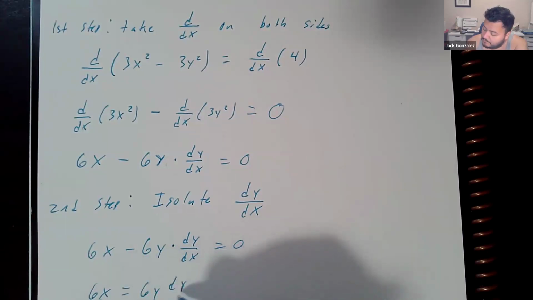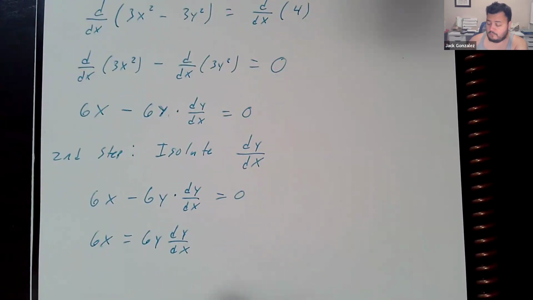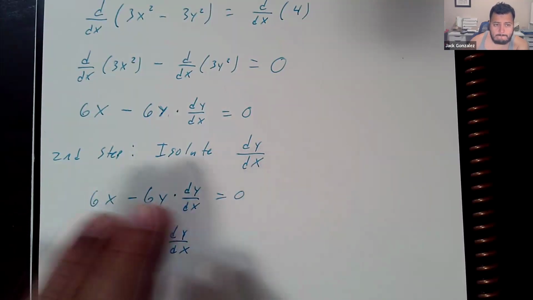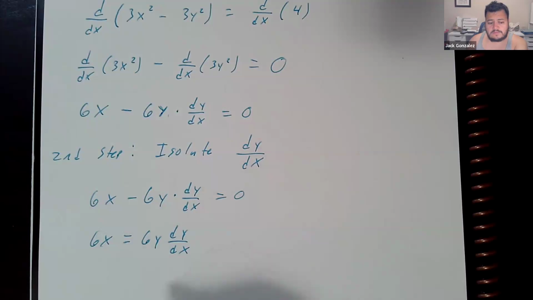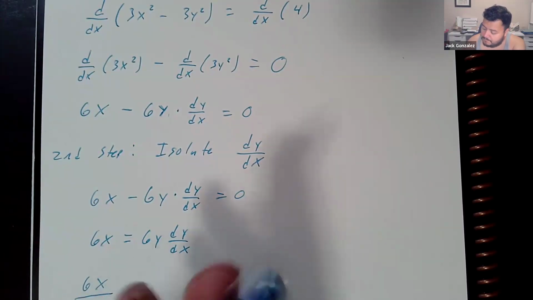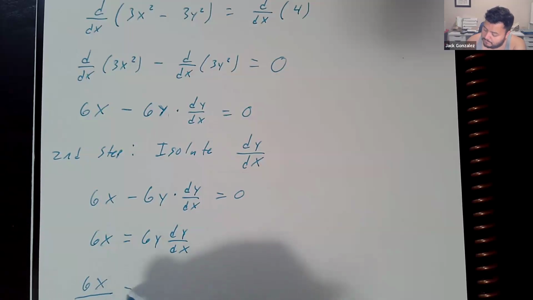No negatives. So I move this term. I did 6y dy dx on both sides. Divide both sides by 6y, and you're done. Just about anyway. These are gone. The sixes are gone. That means that dy dx is equal to x over y.